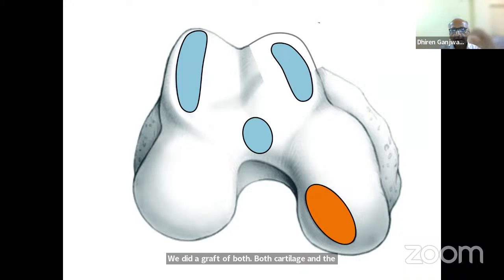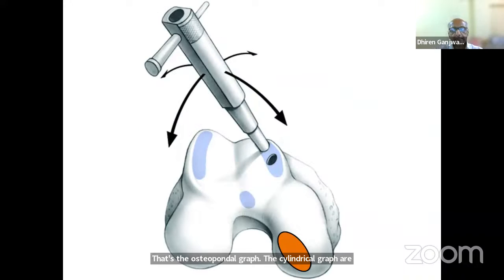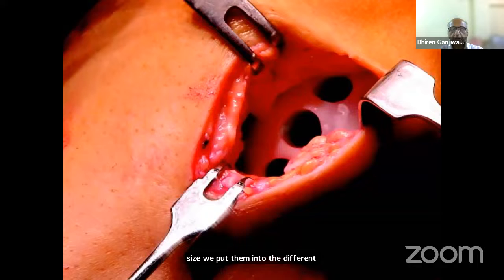The cylindrical grafts are taken from these areas, and this is the instrument to take that graft. Depending on the size, we put all this graft into the defect. So this is the defect that has been created after taking the graft.